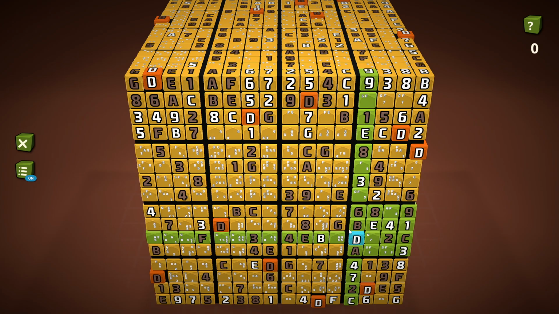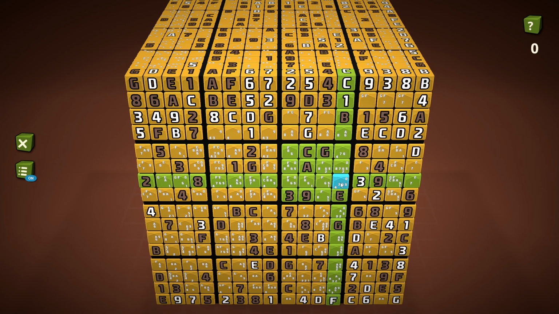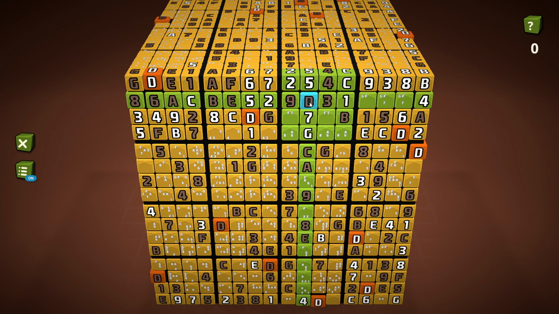I don't think that necessarily helps, does it? The corners can be Ds. Oh, wait. The middle ones can't be Ds. Only the corners can be Ds, but those are covered, so one of those two has to be a D. Which means that can't and that can't, because it has to be on the left side, so it's still one of these two.